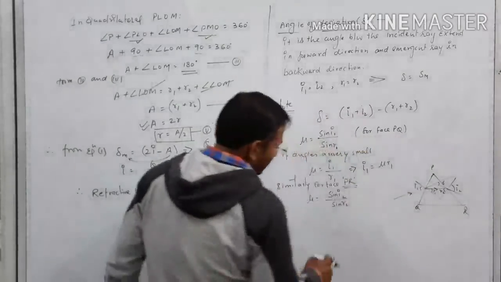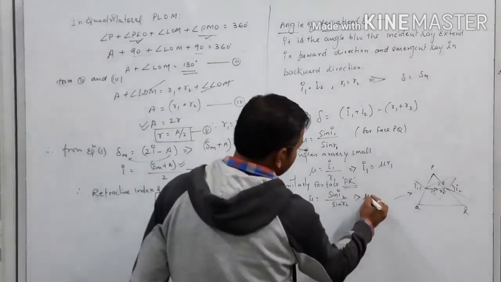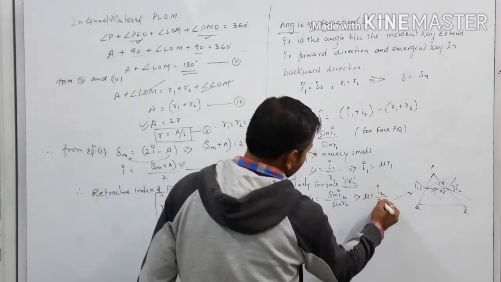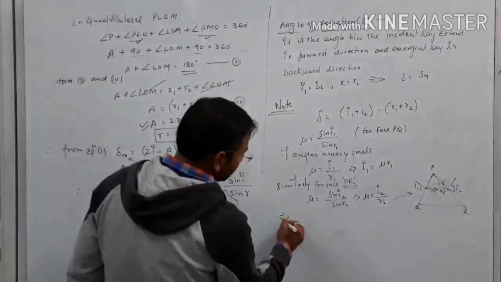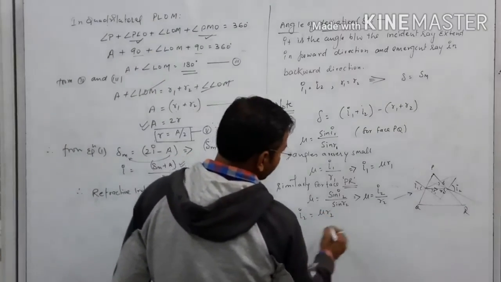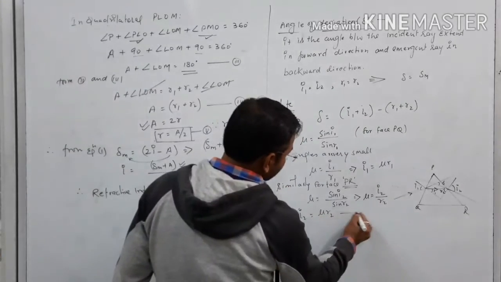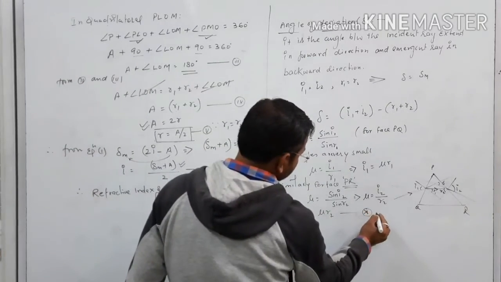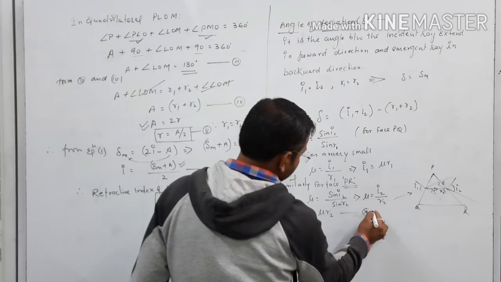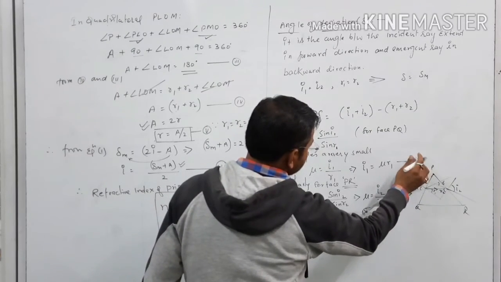That's why I have written this formula. And if again the angles are very small, I can write mu is equal to I2 over R2, and after that I2 is equal to mu R2. You can write this as the star equation, and the earlier one as the double star equation.